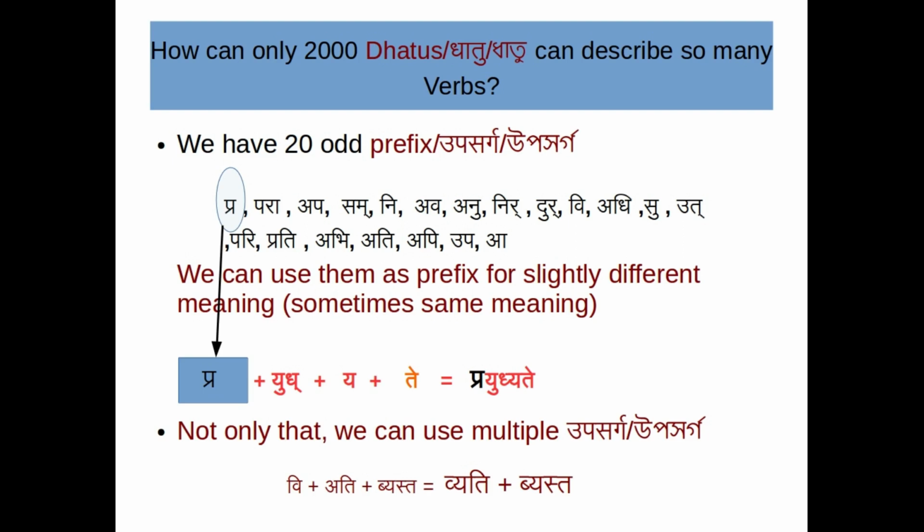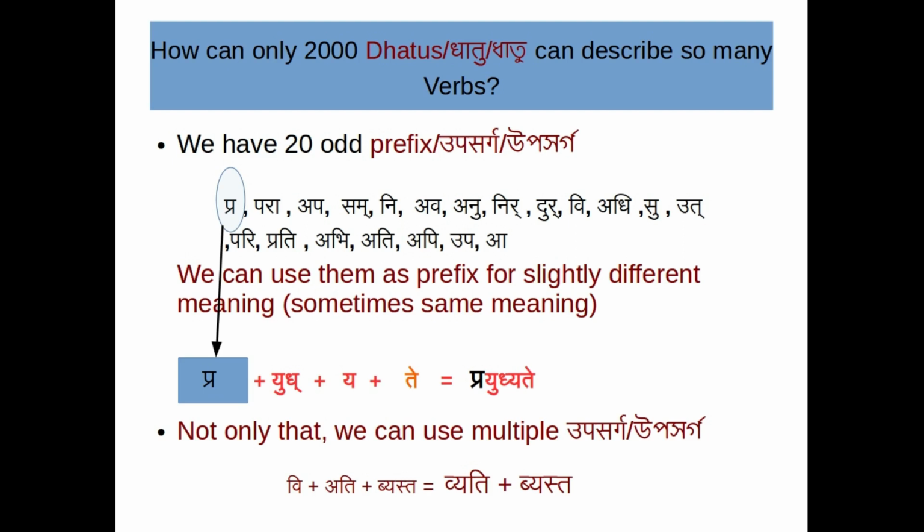First of all, we have 20 odd prefixes or upasargas: pra, para, apa, sam, ni, ava, anu, nir, dur, vi, adhi, su, ut, pari, prati, abhi, ati, api, upa. We can use these prefixes for slightly different meaning and sometimes the same meaning.